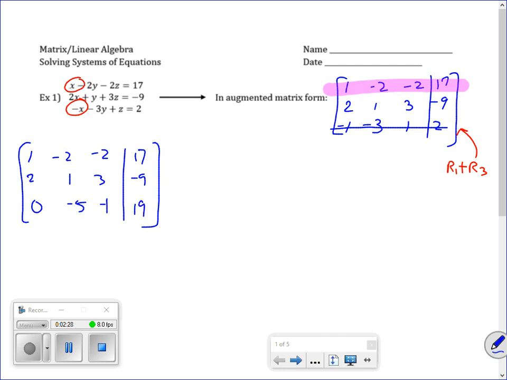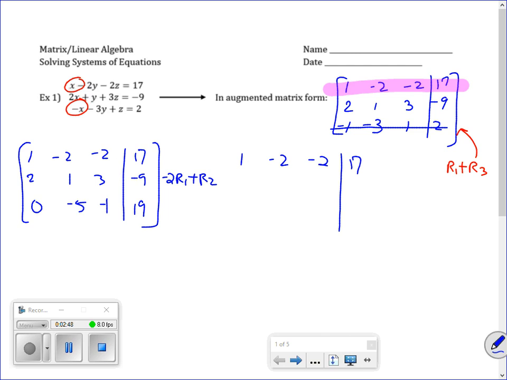All right, so I'm going to do the same thing with the second row. This time I have to do some multiplication. I'm going to multiply -2 times row 1 and add it with row 2. And I'm writing it on row 2 because this is going to be my new row 2. So row 1 I'm not changing: 1, -2, -2, 17.